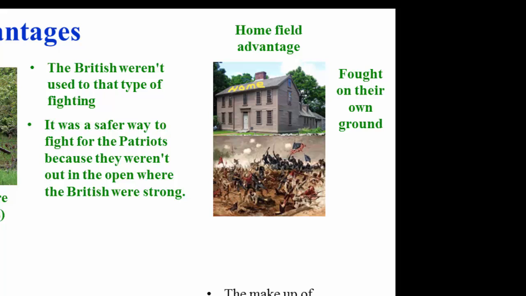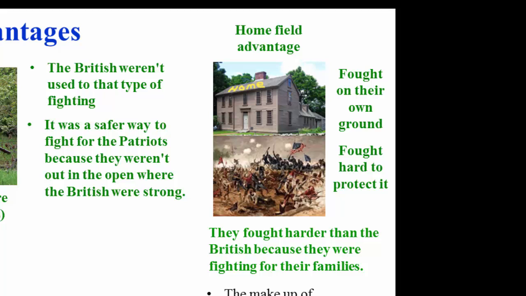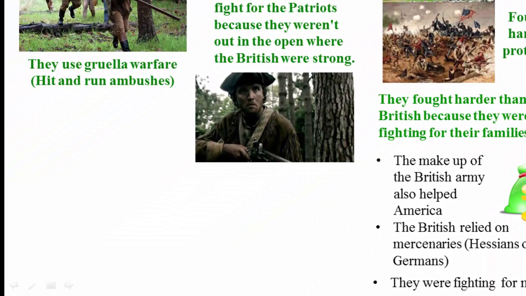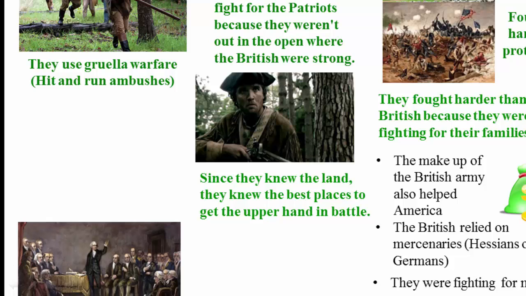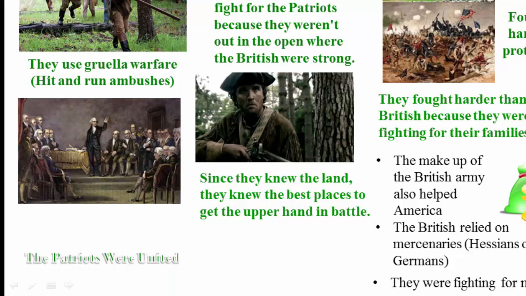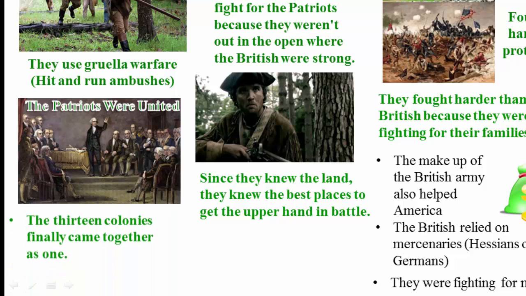They fought on their own ground, and they fought hard to protect it. They fought harder than the British because they were fighting for their families. Since they knew the land, they knew the best places to get the upper hand. And the Patriots were finally united.